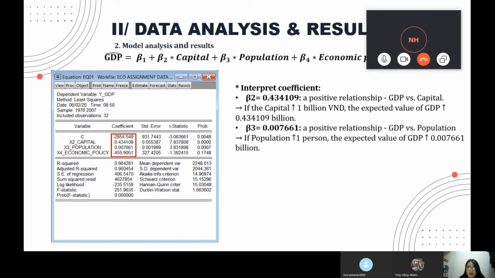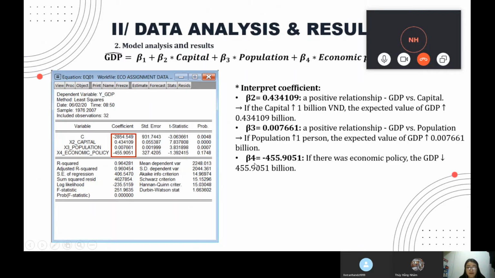And beta 3 equals 0.007661, which is also a positive relationship between GDP and population, and if the population increases by 1%, the expected value of GDP will also increase by 0.007661 billion.